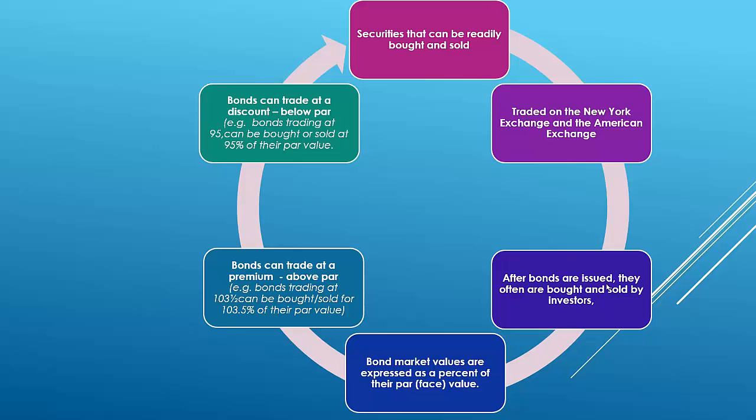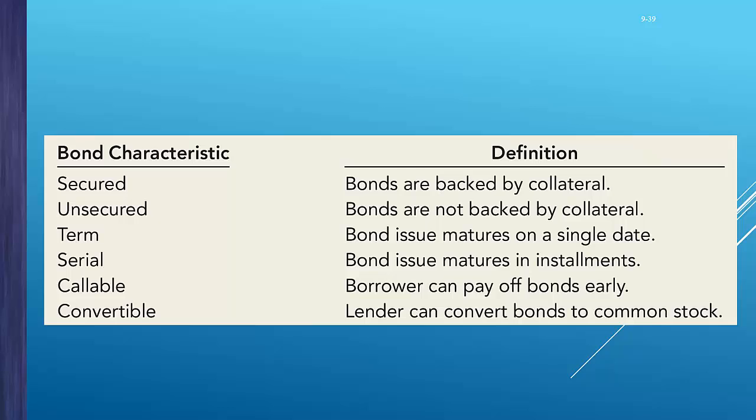After they're issued, they're frequently bought and sold by different investors, and it could be that the market rate is different than the stated rate that gets put on the bonds, which we're going to talk about in a minute. So there will be different cash flows available, but they're not directly issued by the company to the individual consumer. They're put out on the secondary market.